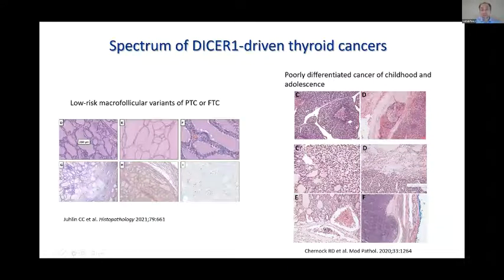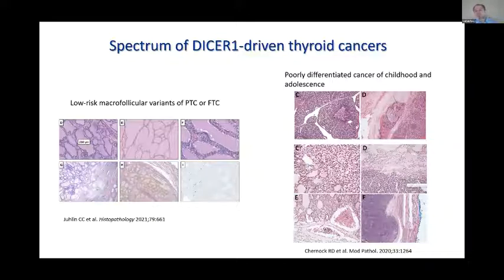These are all pictures of representative papillary carcinoma or follicular carcinoma tumors driven by DICER1 mutation. And if you look at it, there is so much colloid present that it's almost difficult to believe that this is cancer, but there are such colloid-rich macrofollicular variants of PTC or FTC, and again, they characteristically have DICER1 mutations.